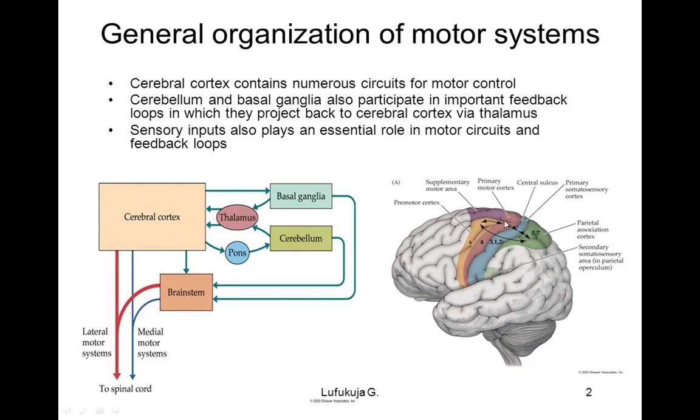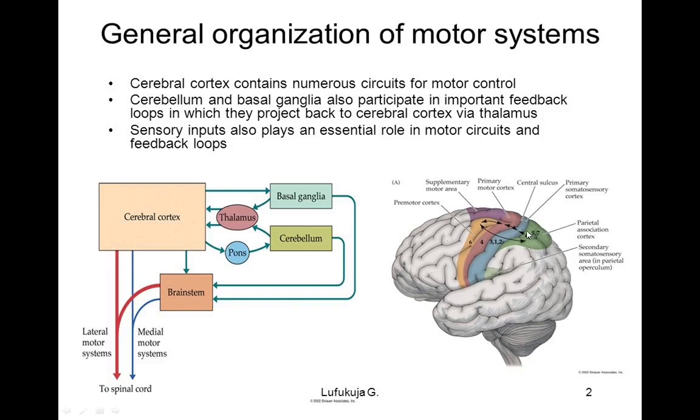There would be a lot of reciprocal connection, the same with the parietal association cortex. You see these arrows here, they are a representation of the reciprocal connection between these different parts of the motor cortex.